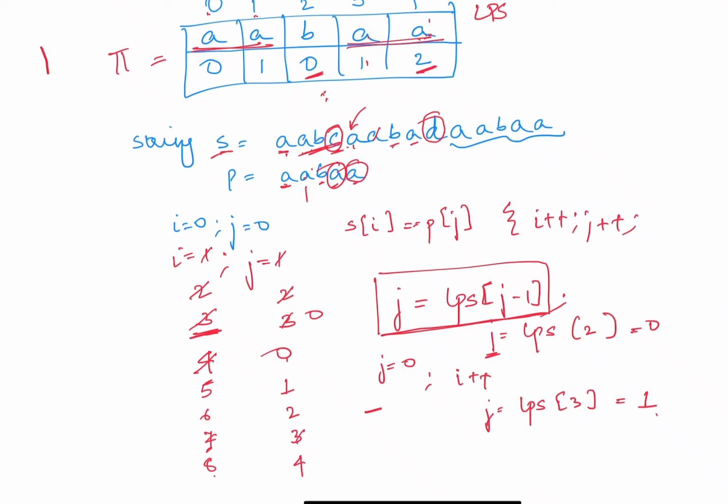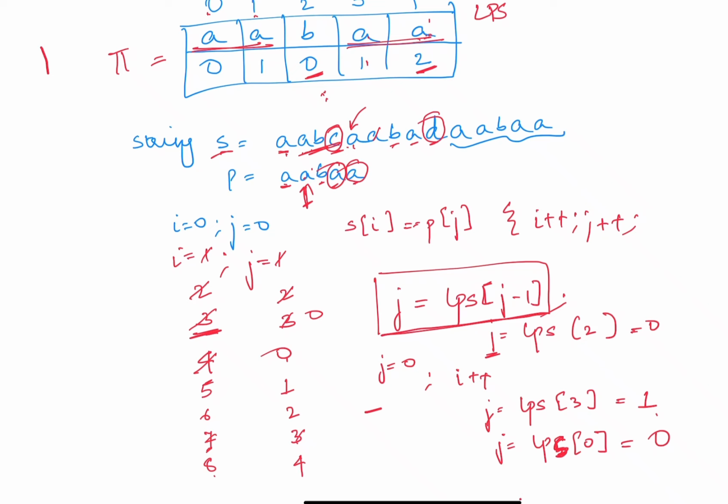Okay, that is here. Again we will do a match. Does pattern of j and S of i match? No, they don't match. Again we are going to do j equals LPS of j minus 1, that is LPS of 0, and that is equal to 0.